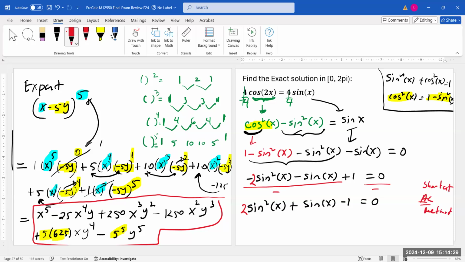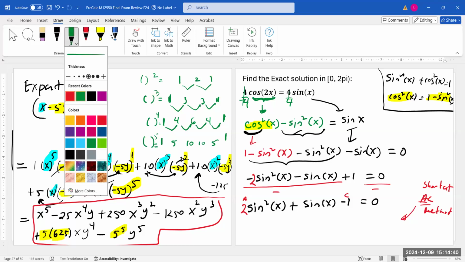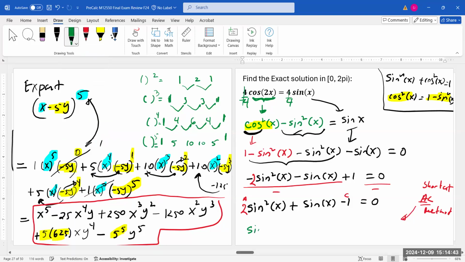Now AC means you need to multiply A with C. So in the shortcut AC version, what you do is you don't write A. Instead, you write sine squared plus sine. And instead of C, you write A times C. So A times C is 2 times 1. That gives us 2. That comes here.